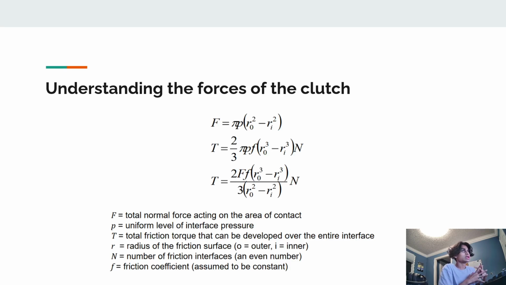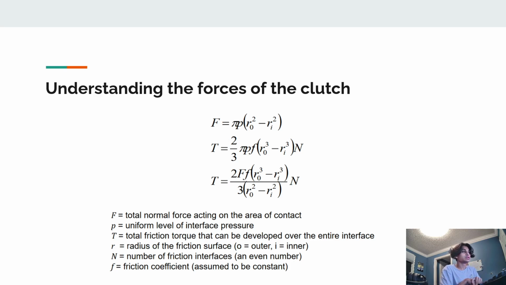So we're going to be understanding the forces of the clutch now, and we have three equations here, and I'll just read out what each variable here means. We have the total normal force acting on the area of contact, that's F, the uniform level of interface pressure, that's P, the total friction torque that can be developed over the entire interface, that's T, and then R is the radius of the friction surface, N is the number of friction interfaces, an even number, and f is the friction coefficient.